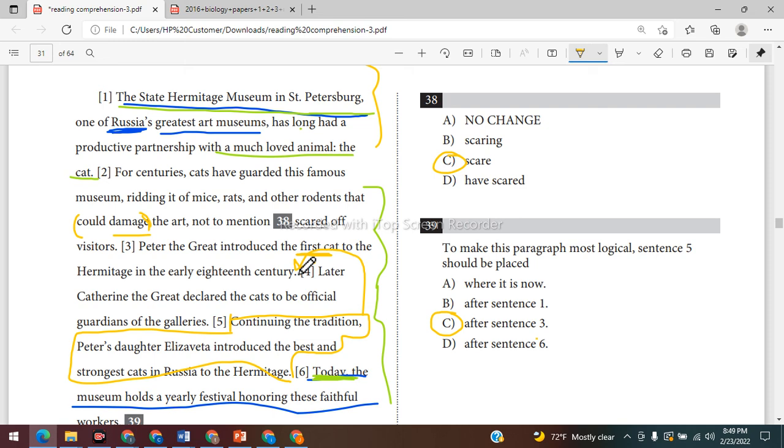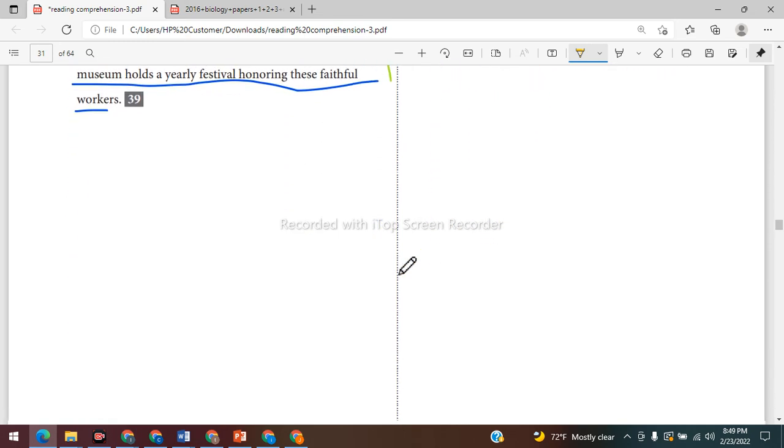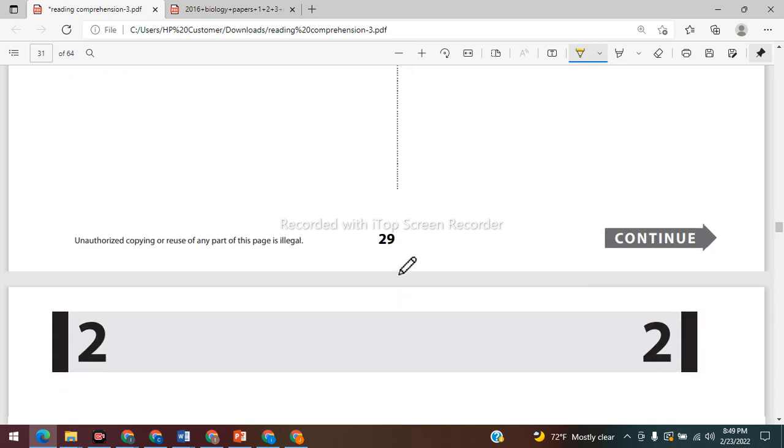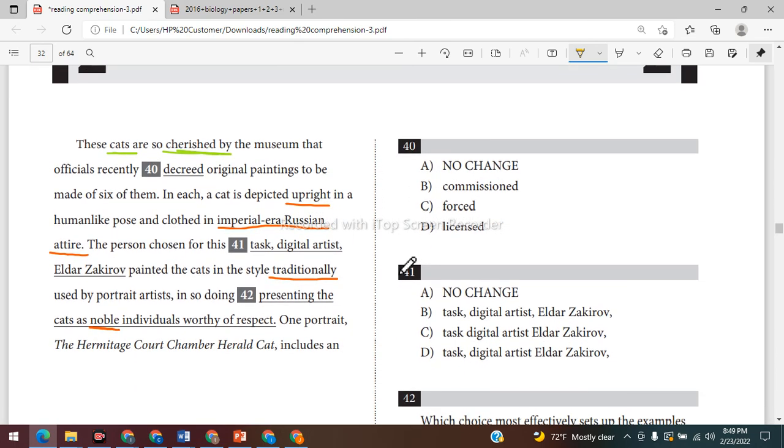Number 40. The cats are so cherished by the museum that officials recently A, decreed, B, commissioned, C, forced, or D, licensed original paintings to be made of six of them.